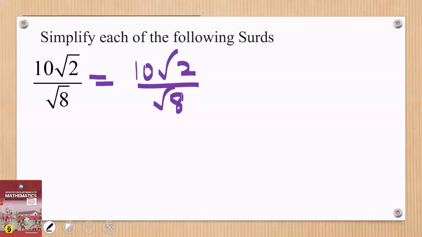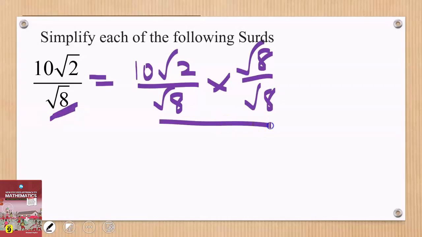But for now, let me just multiply by root 8 over root 8. Remember that whatever is here and whatever is here are the same, nothing has changed, because if I divide root 8 over root 8, I'll get 1, and 1 times whatever is here will give me just the same as what we see here. Okay, so now we can simplify.